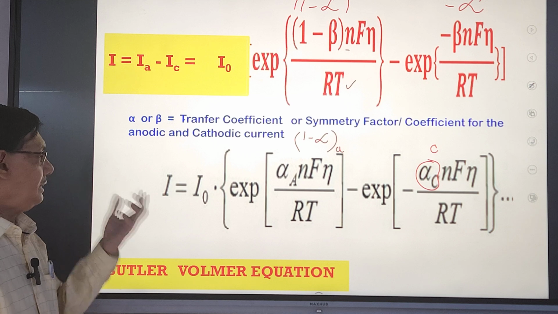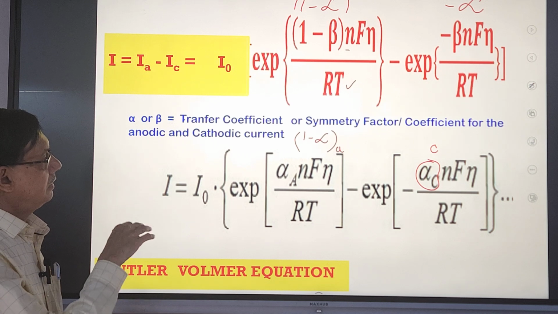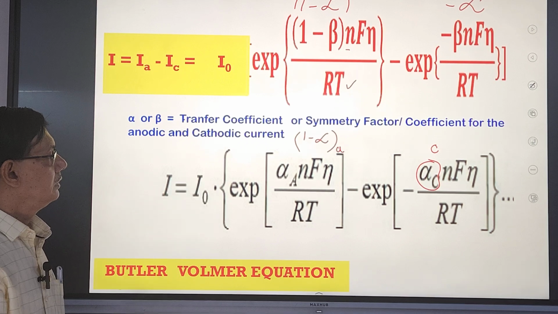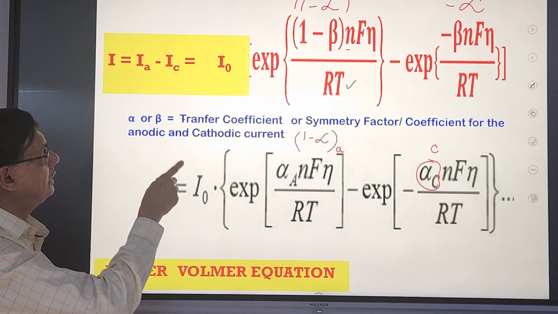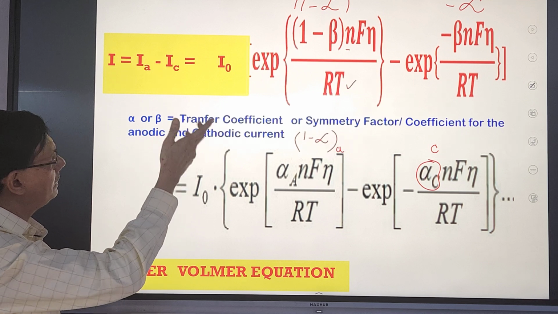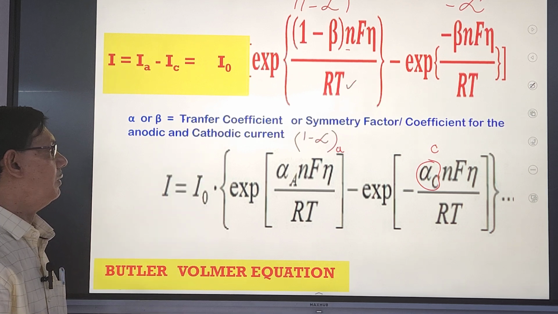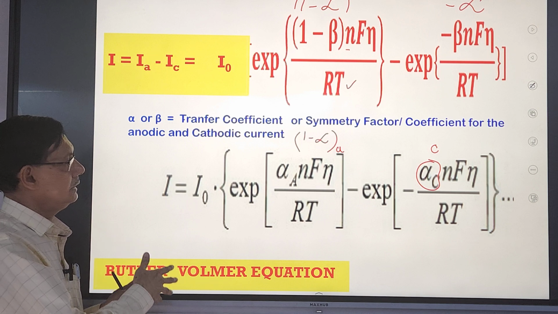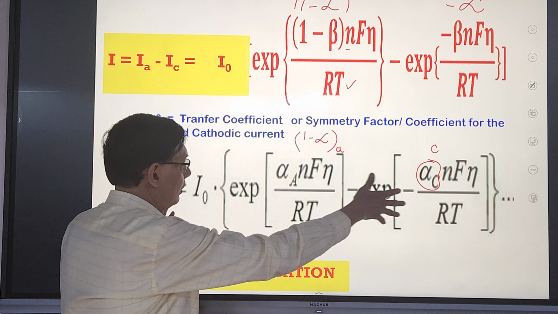But my suggestion is don't worry about alpha or A or C. You can directly write simply 1 minus alpha n f eta, or simply eta f by RT, absolutely no problem.